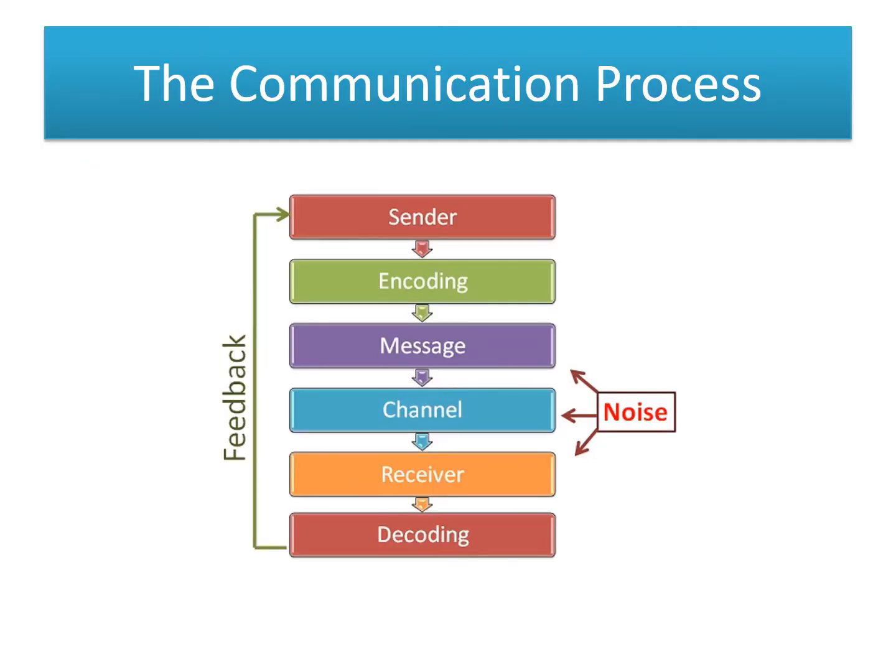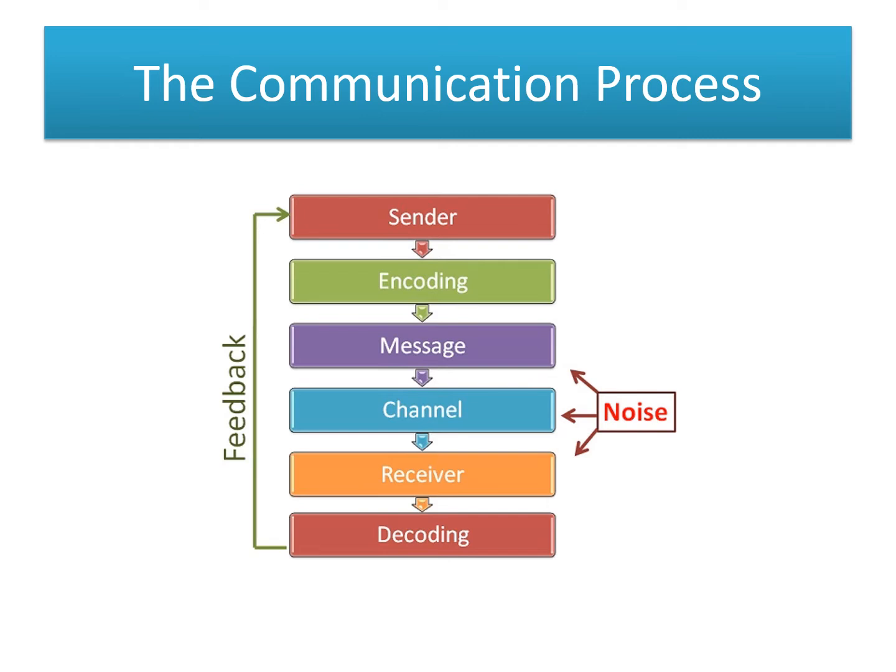The communication process consists of a number of elements or stages. Number 1, the sender, which is also called the source, sends a message by encoding it to the receiver via a channel, and the message is then decoded by the receiver.